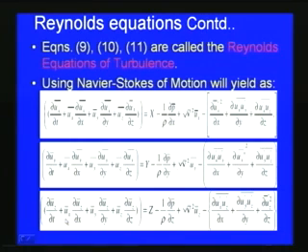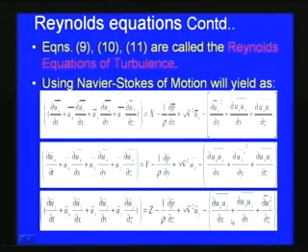del u z bar by del t plus u x bar del u z bar by del x plus u y bar del u z bar by del y plus u z bar del u z bar by del z is equal to Z minus 1 by rho del p bar by del z plus nu del square u z bar minus del u x dash u z dash bar by del x plus del u y dash u z dash bar by del y plus del u z dash bar square by del z.